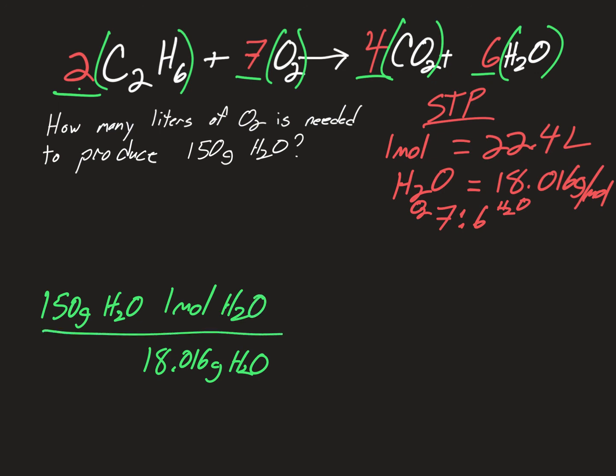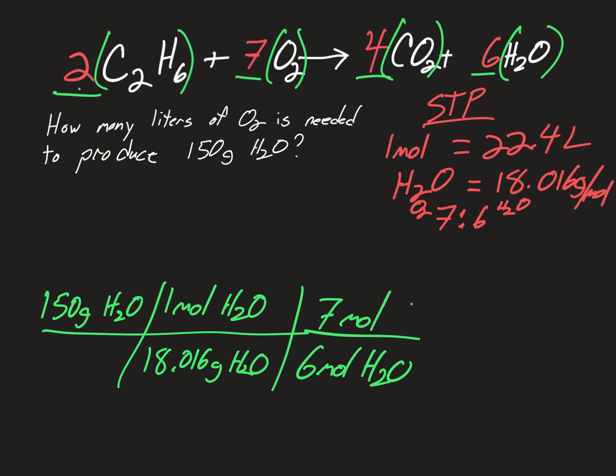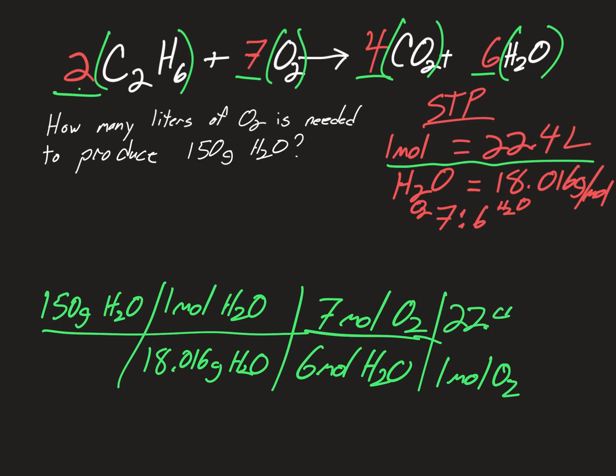And then I need to understand my mole-to-mole ratio for water is going to be 6 moles of H2O to every 7 moles of oxygen. Now I need to bring in that moles to liters though. So I know that for 1 mole of O2, I'm going to produce 22.4 liters of O2.